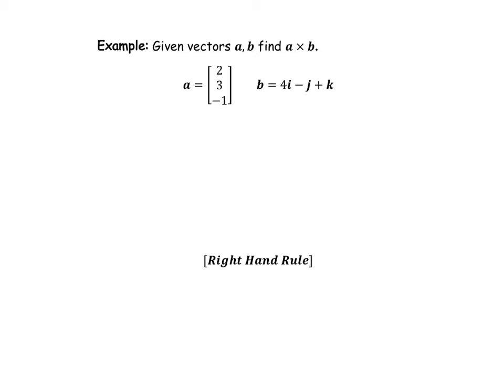Okay, so when we work with A crossed with B, what we're doing is we're finding what's called the determinant of this specific matrix. Okay, so I take vector A and I align the components 2, 3, and -1 horizontally like that. That's vector A. Vector B will be 4, -1, and 1.